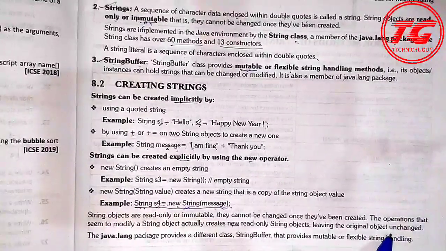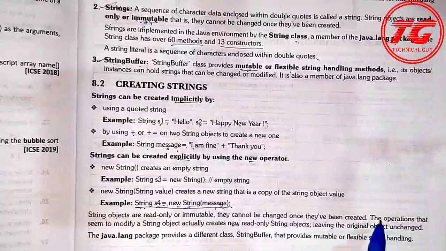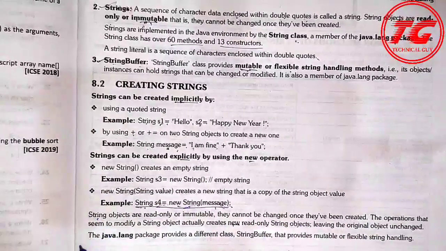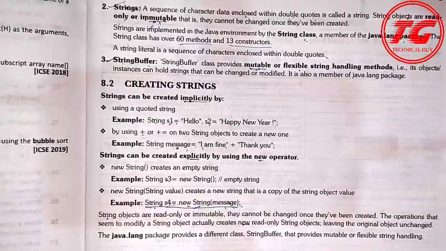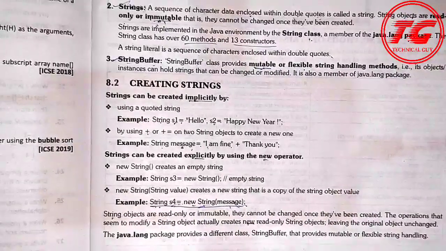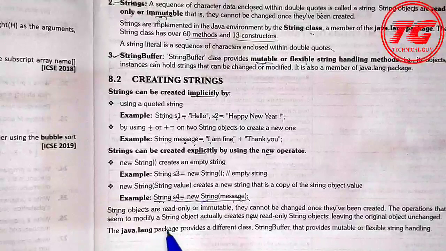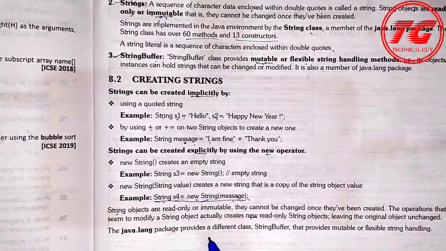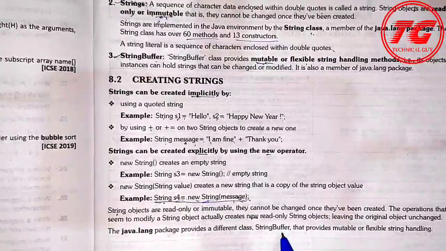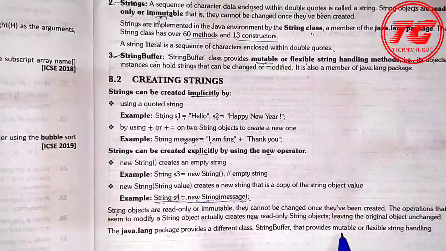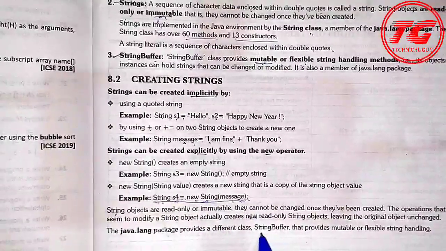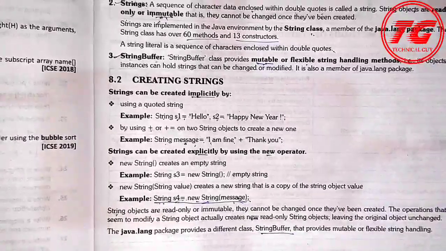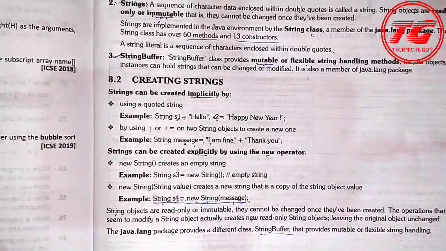I already told you this: whenever you perform any operation on string objects, a new string object is created, but the original remains unchanged. Next, the java.lang package provides a different class, StringBuffer, that provides mutable and flexible string handling. So you have this class if you want to create flexible string objects.